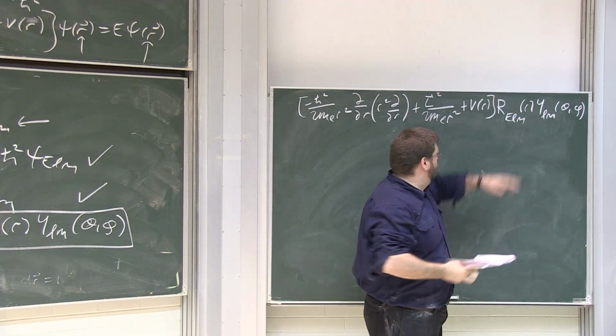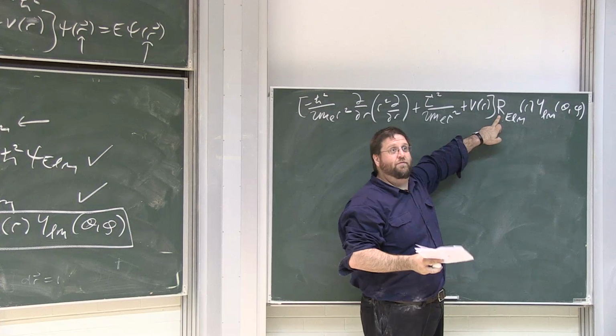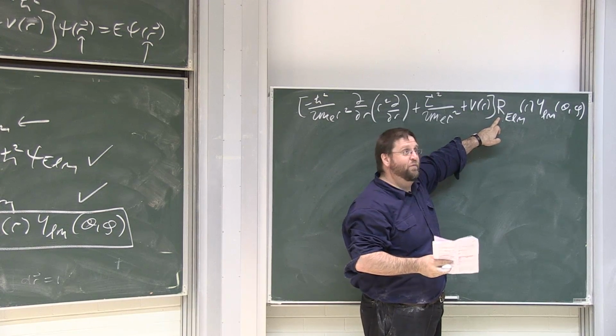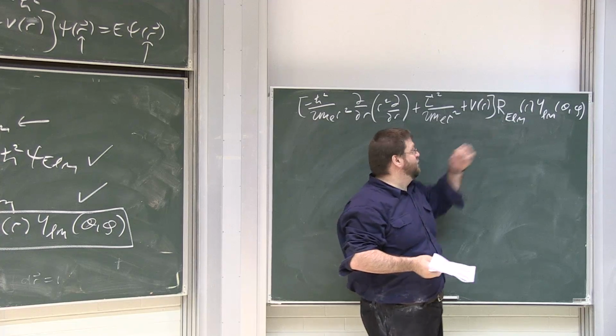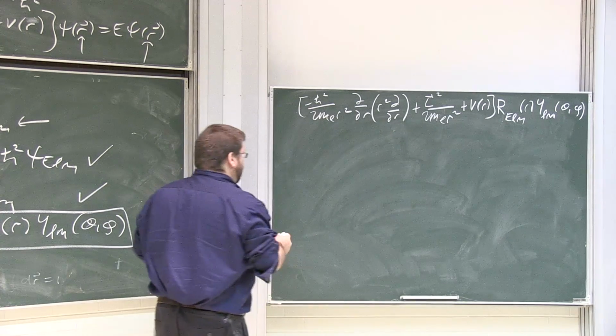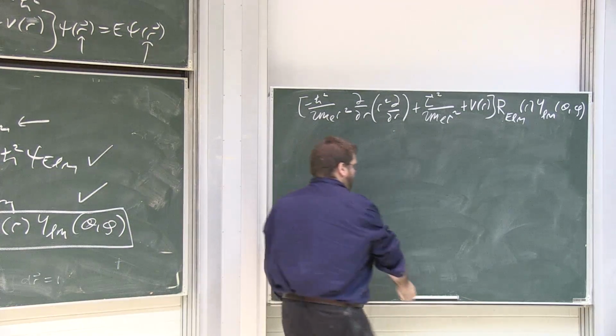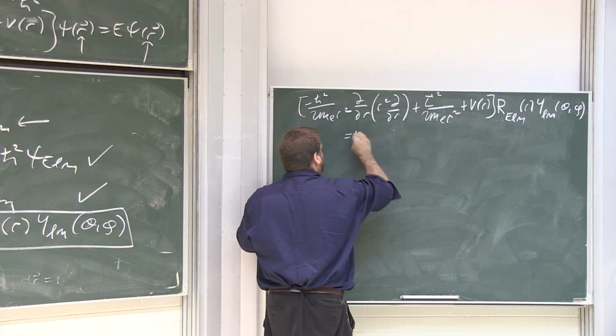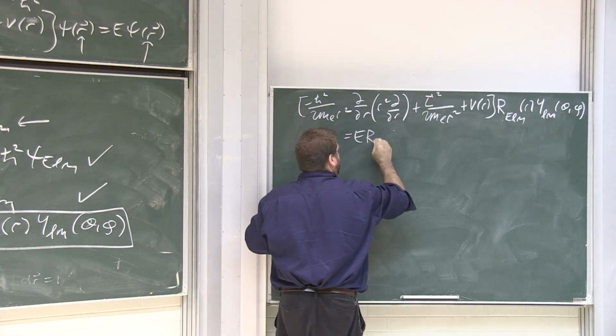By the way, I give this a name. I call it the radial wave function. So this is the radial wave function because it's the part of the wave function that depends only on the radial coordinate. All right. And that's going to equal the energy times the wave function back again.